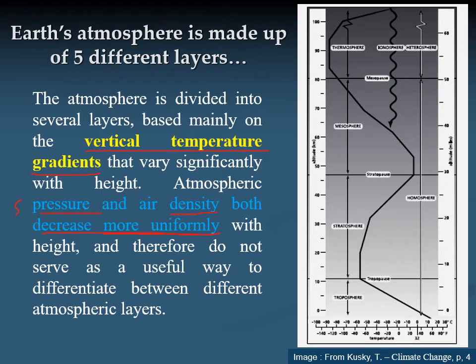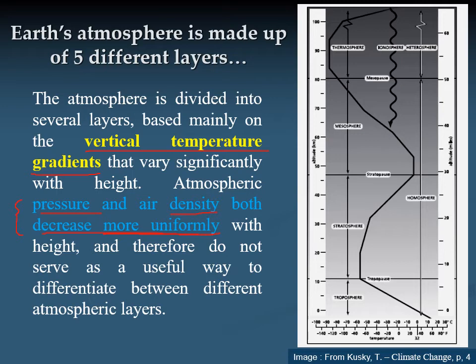But in contrast, if we look at the change in temperature in the atmosphere from the surface to higher altitudes, although the general consensus is that with altitude, temperature gradually decreases, that means as we move from the surface towards higher altitudes in the atmosphere, temperature gradually decreases.